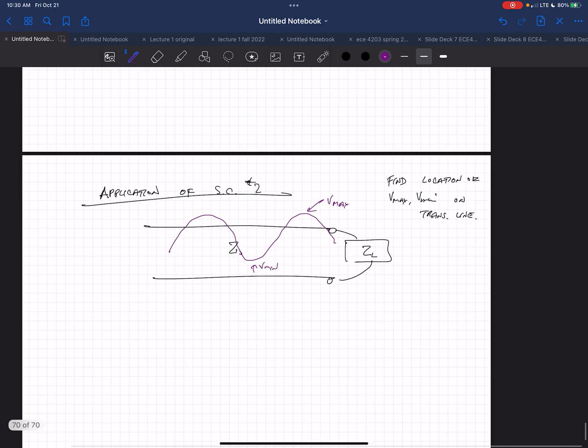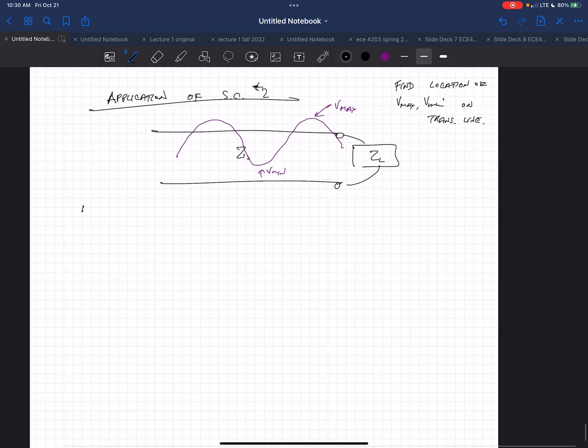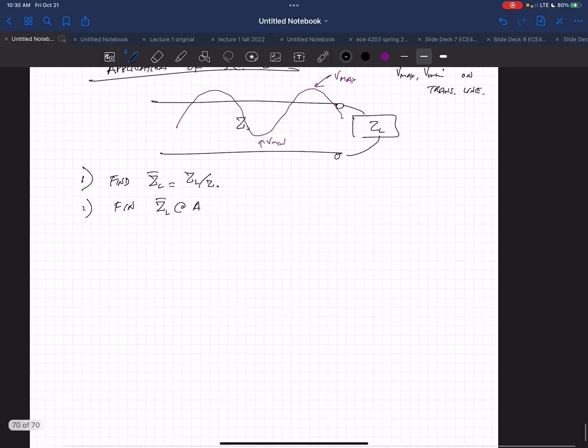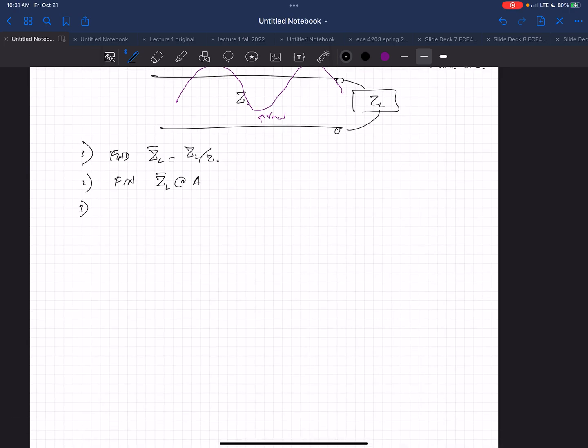So let me actually go through the procedure. Step 1, which you always do, is to find Z sub L bar, which is Z sub L over Z sub 0. Then step 2, find the location of Z sub L bar at A, and draw a circle with that radius.